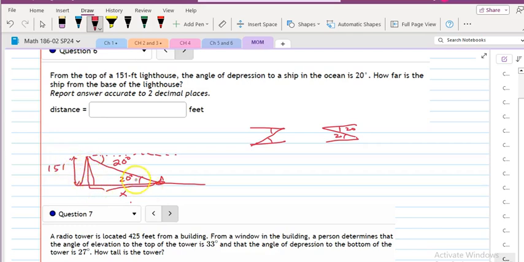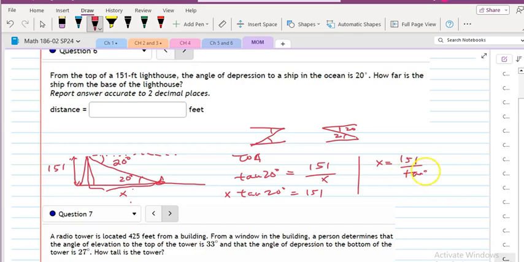151 and X. Relative to 20 degrees, this is opposite, this is adjacent, so TOA, right? We would use tangent 20 degrees to relate these two sides, tangent 20 equals 151 over X. Times X on both sides, X tangent 20 equals 151. Divide by tangent 20 on both sides, X would equal 151 over tangent 20 degrees.